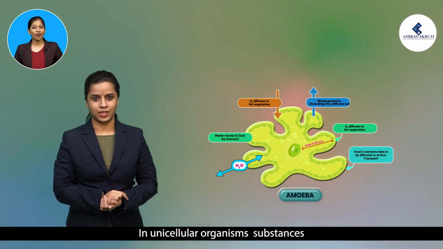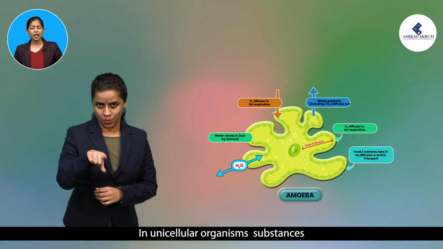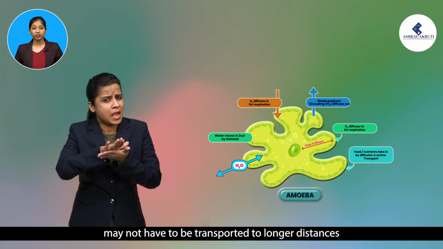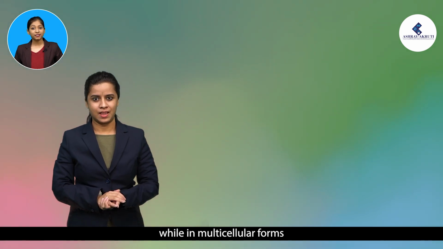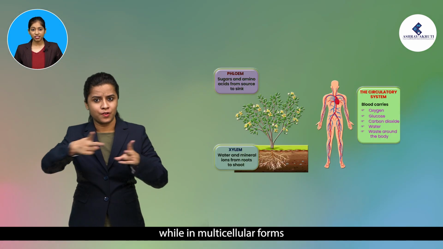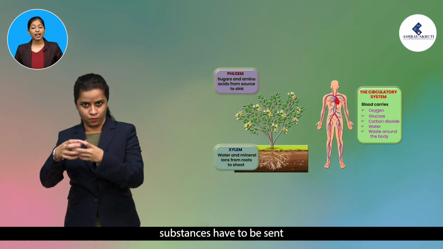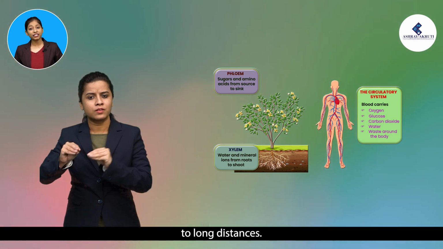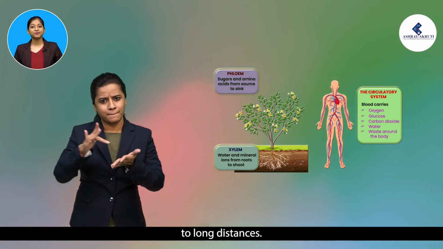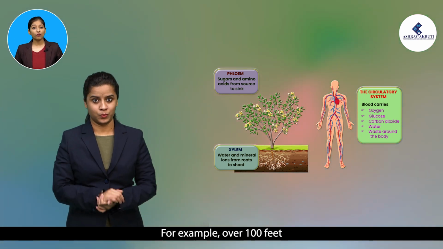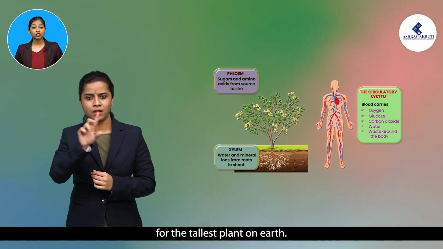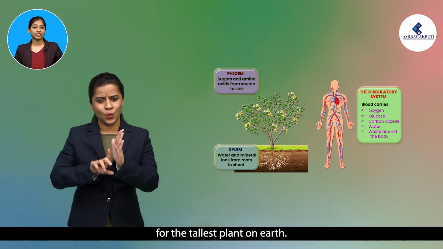In unicellular organisms, substances may not have to be transported to longer distances, while in multicellular forms, substances have to be sent to long distances. For example, over 100 feet for the tallest plant on the earth.